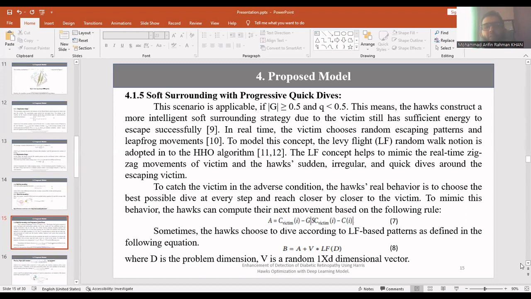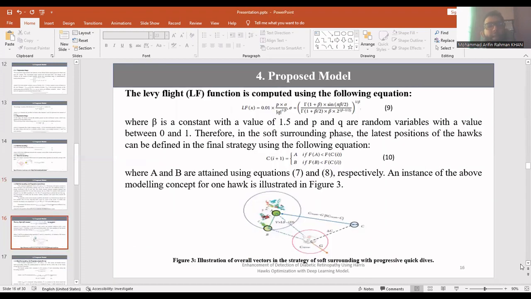Sometimes the hawks choose to dive according to LF-based patterns as defined in equation 8, where capital D is the problem dimension, capital B is a random 1 by D dimensional vector. The Levy flight function is computed using equation 9, where beta is a constant with a value of 1.5 and P and Q are random variables with a value between 0 and 1.